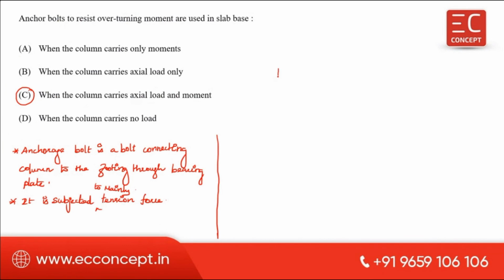So this is the column. Okay, suppose your load has some eccentricity, and this is, for example, the bearing plate, and this is the footing.